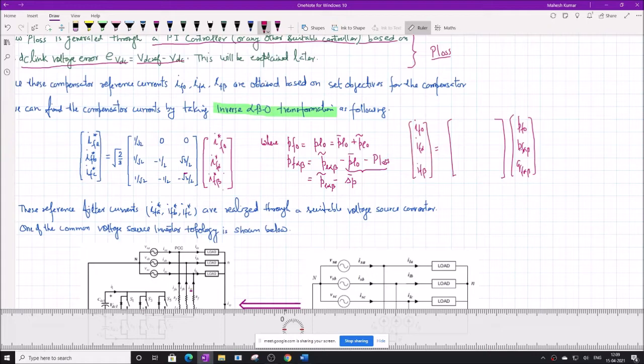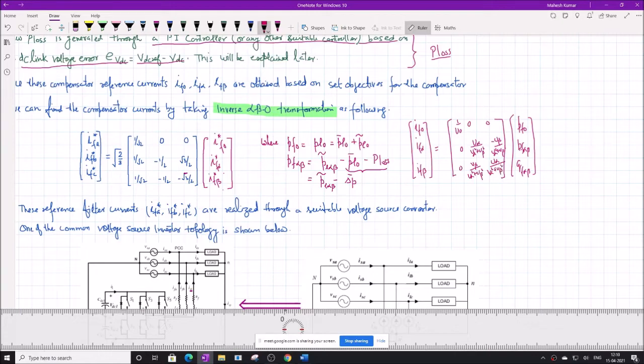What is this matrix? We remember 1 by V0, 0, 0, 0, 0. This was B alpha by B alpha square plus B beta square. This was minus B beta by B alpha square plus B beta square. This was B beta by B alpha square plus B beta square, and this we have B alpha by B alpha square plus B beta square.